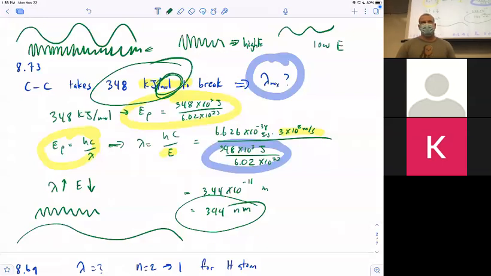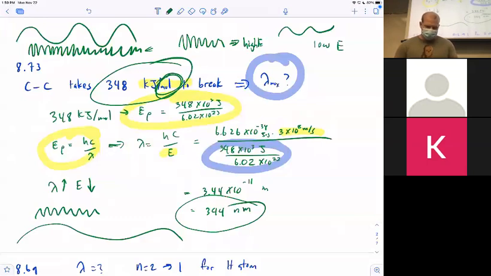So it takes a minimum of 340 kilojoules per mole, which corresponds to a maximum wavelength. Let me make that clear: we're looking for the energy of the photon.